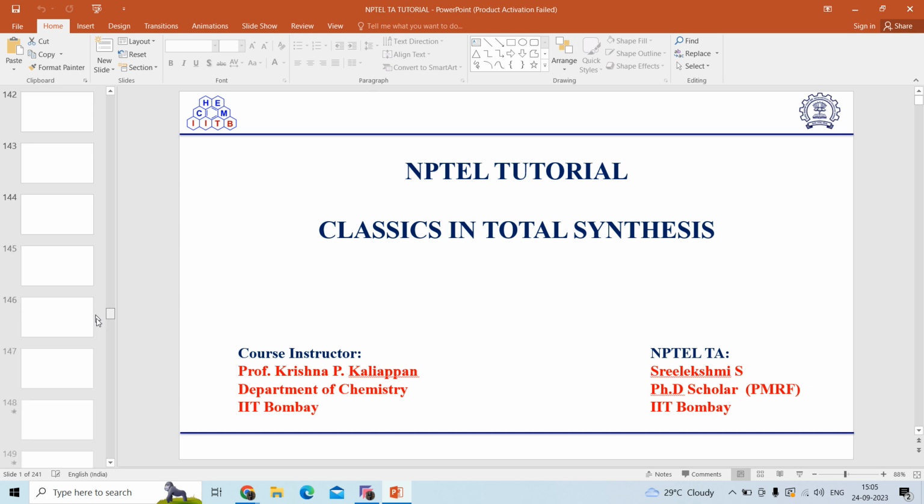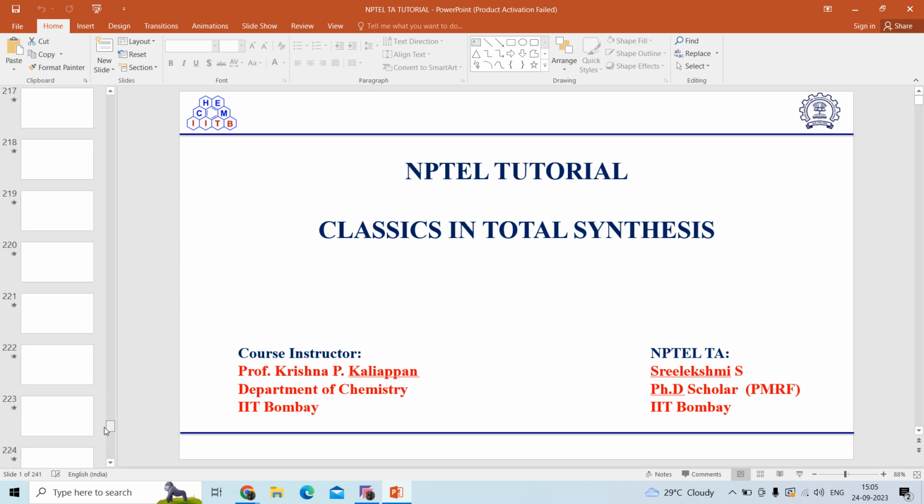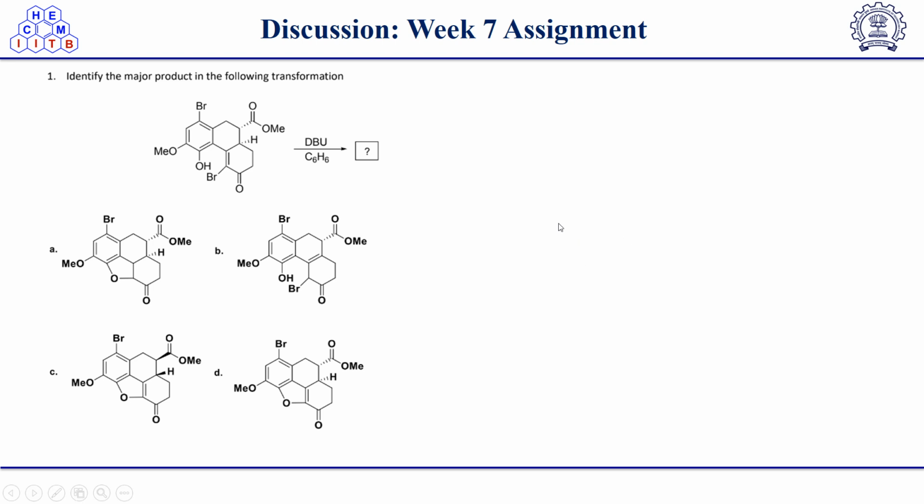As usual, we will begin with the discussion on assignment questions. Today we will be discussing the week 7 assignment. In the last lecture also we had a discussion on the week 6 assignment. So as a continuation, today we will be discussing this week 7 assignment.